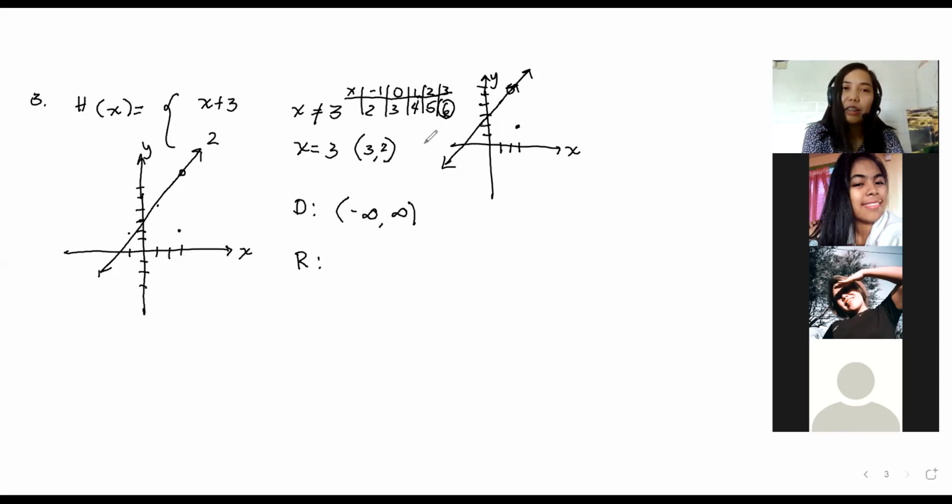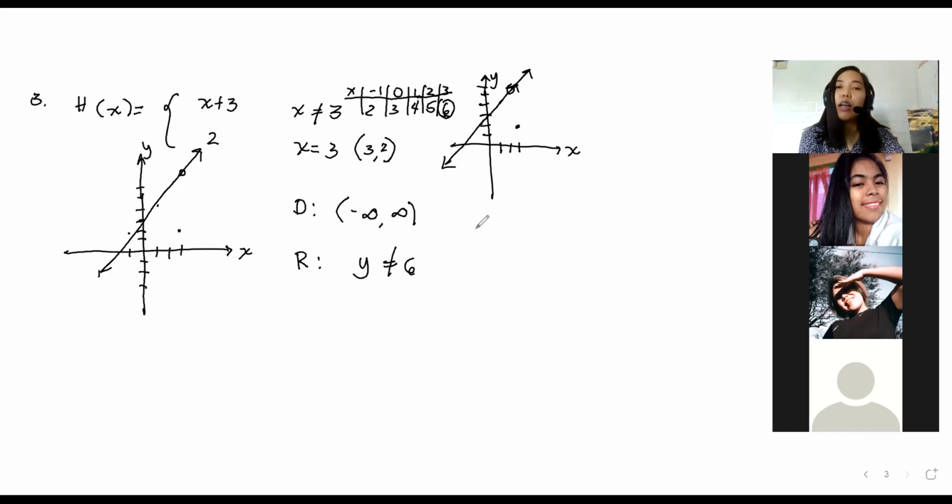Negative infinity to 6. And it's open po yung 6. Okay. So, pwede tayong all real numbers except 6. Right? Y should not be equal to 6.